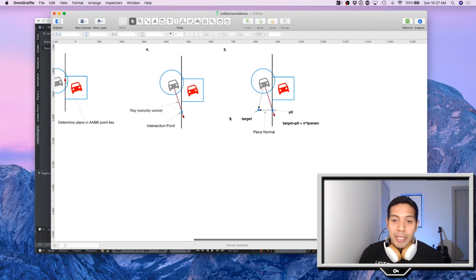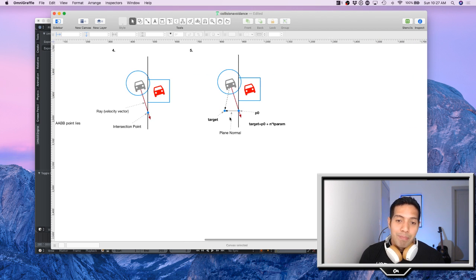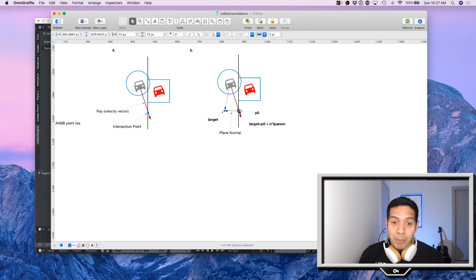And then what you do next is basically the whole same thing. You set this intersection point to be your original position, right? Then you get the plane normal, and depending on the particular time parameter that you give, you create your new target location.